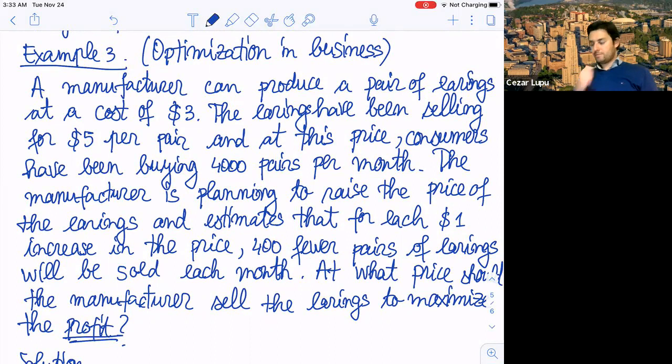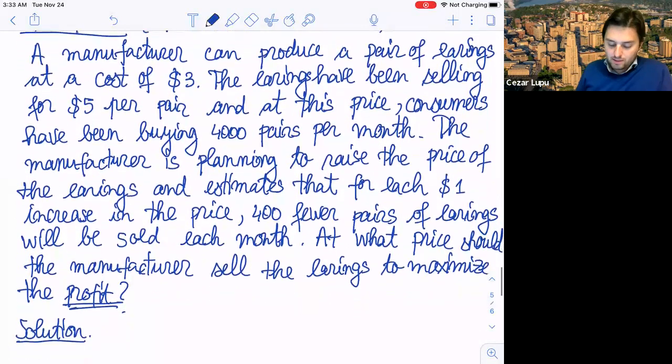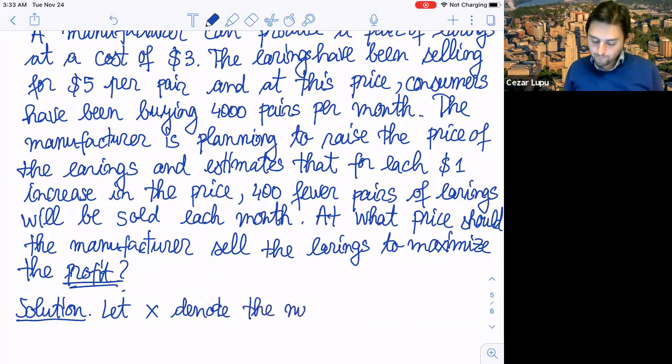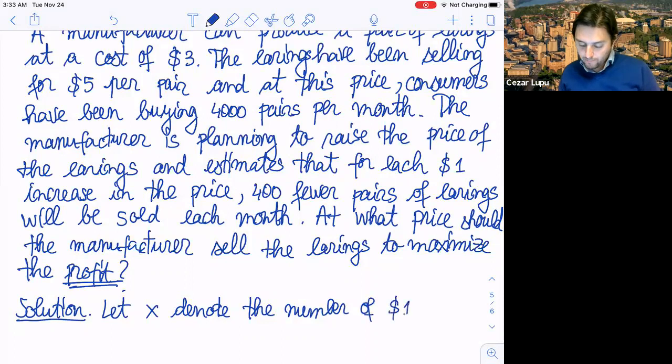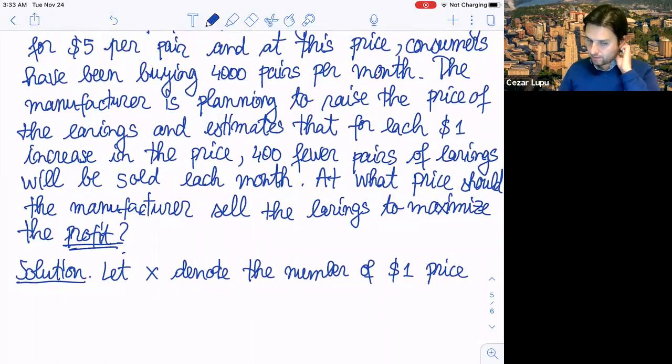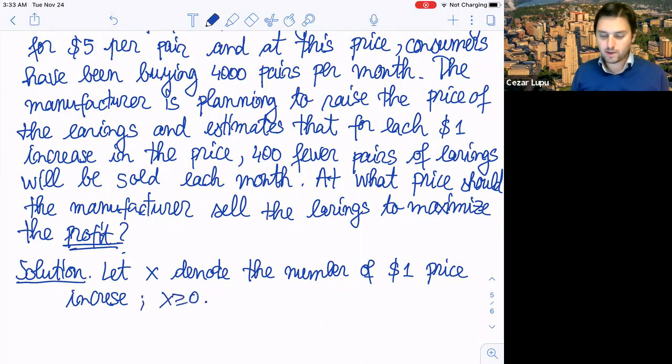And now we'll consider a variable x to denote the number of $1 price increases. So x will be non-negative, that's clear.